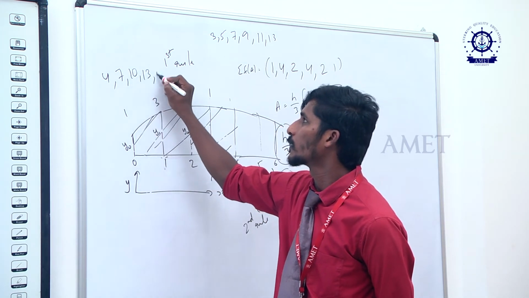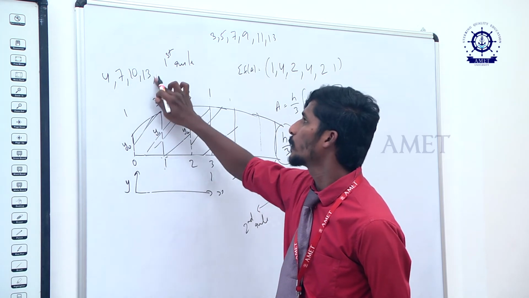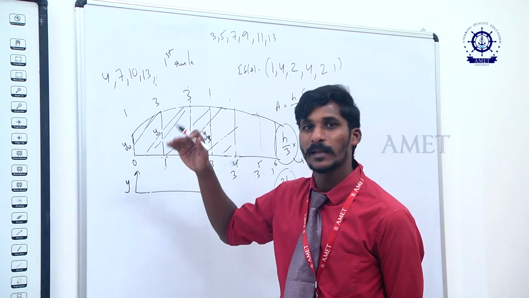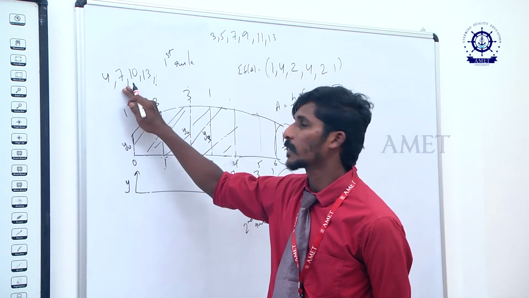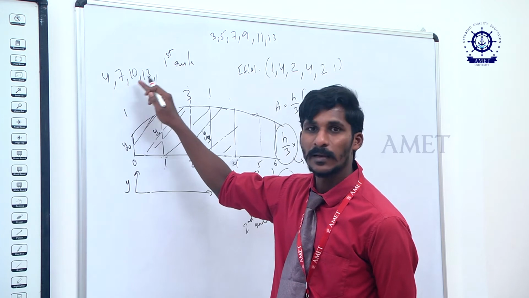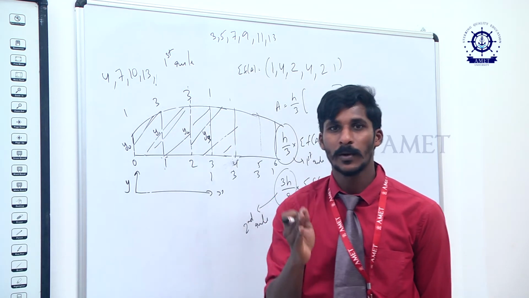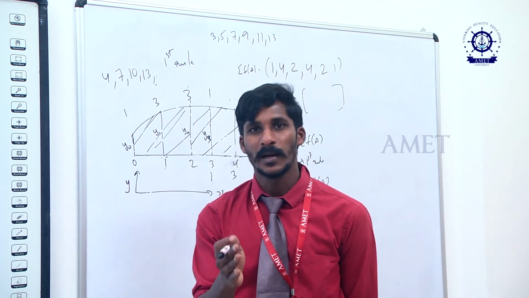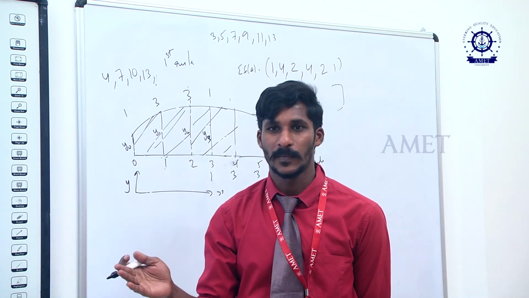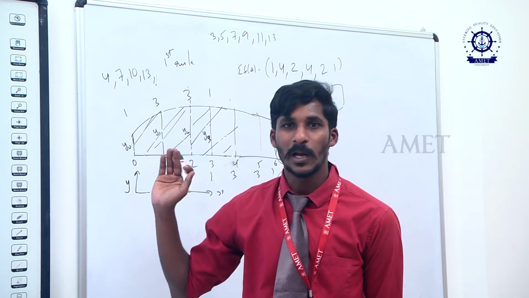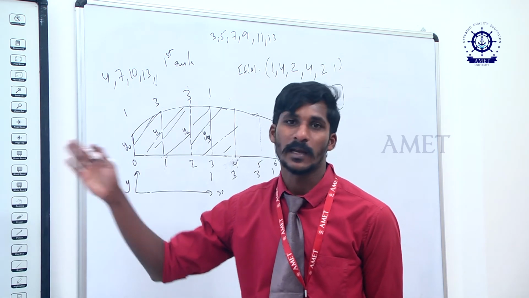Then 13, and so on. You carry on by adding 3. So the requirement of ordinates is 7, then 10, 13, 16, 19, like that. So you have to choose the rule according to the number of ordinates you have in the particular area.